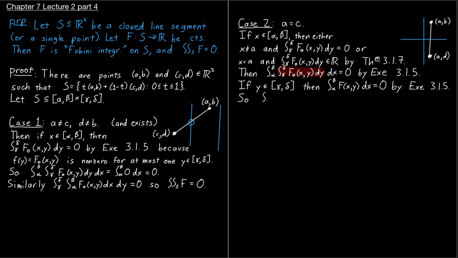And so in this case, the iterated integral in the other direction is also 0. The two iterated integrals are equal. And so f is Fubini integrable over S. Sorry, those should be integrals of f naught. So f is Fubini integrable over S, and the integral is 0.